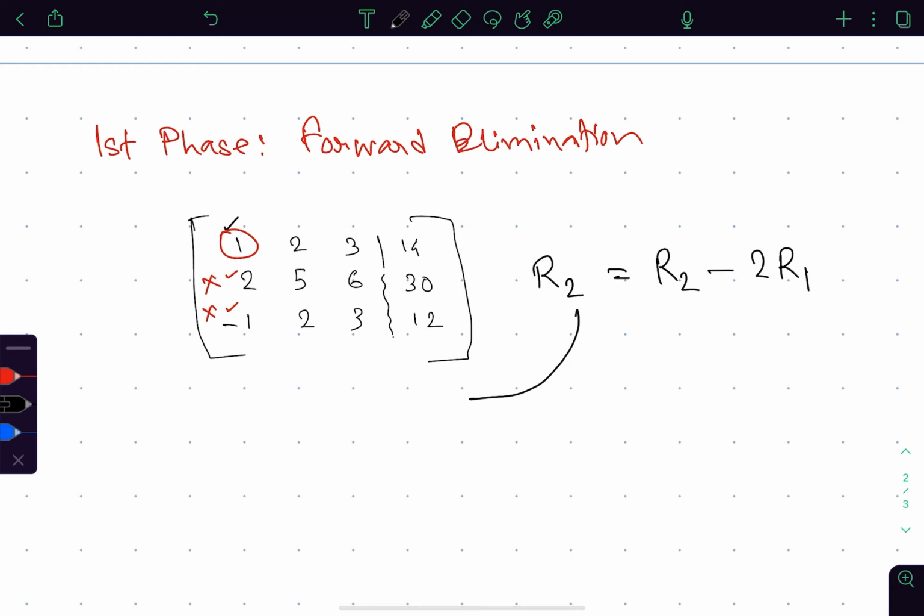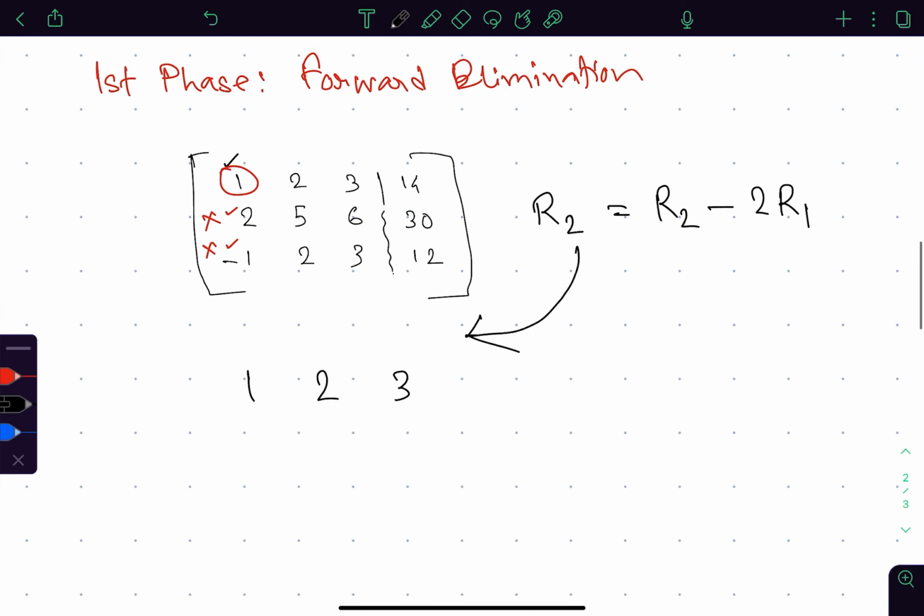With that, what we'll get is 1 2 3, and because we did R2 minus 2R1, this 2 minus 2R1 is basically 0. In the second column, because we subtracted 2R1 and it was 2 here, it will be 5 minus 4, which gives us 1.